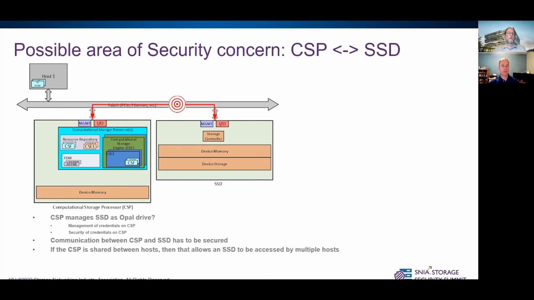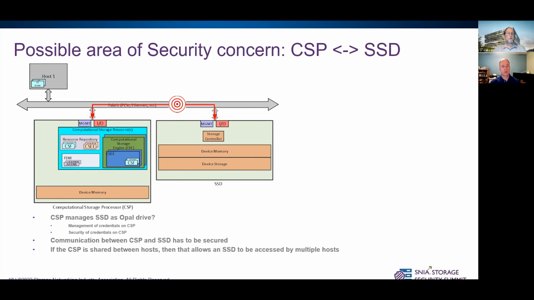But an opening that this brings in is if the communication between the CSP and the host is shared between multiple hosts, you now have to deal with the fact that you are in essence allowing multiple hosts to communicate with a single SSD that is an Opal SSD that has an assumption that only one host is connecting to it.